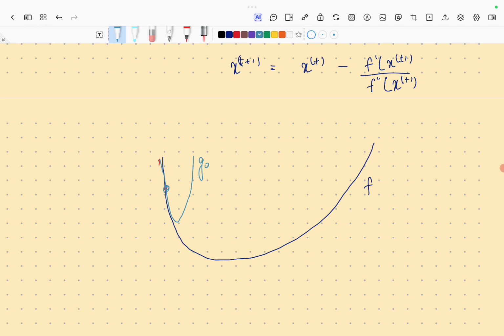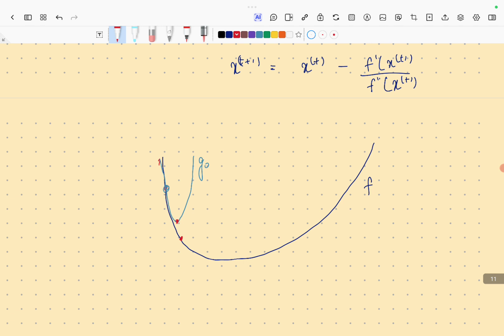You minimize g naught and get some particular point, which happens to be the minimum of this particular quadratic function.